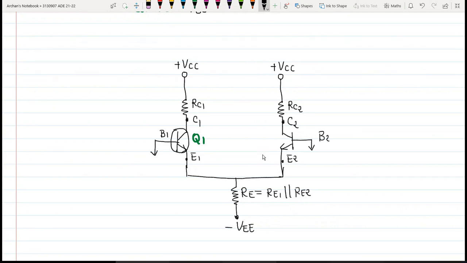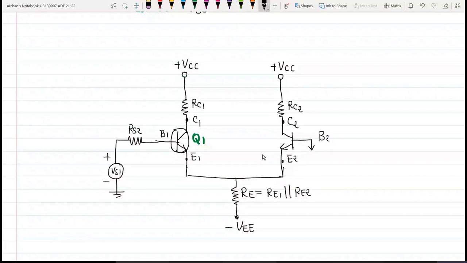Now talking about the base terminals, base B1 of Q1 will be connected to input 1. Let us say this input is Vs1, right? This is the internal resistance of the supply voltage.